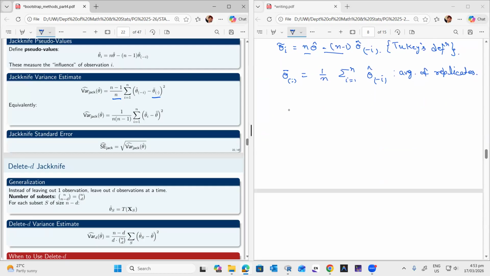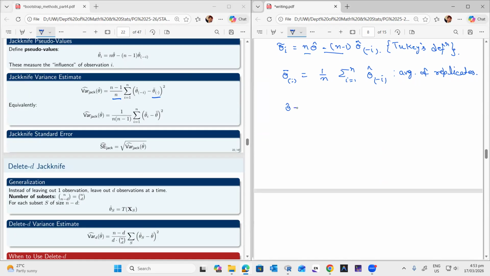Suppose theta cap is x bar, the sample mean. Then what will be your theta cap minus i? It will be x bar minus the ith term. All right.